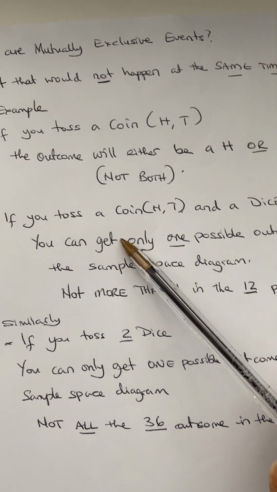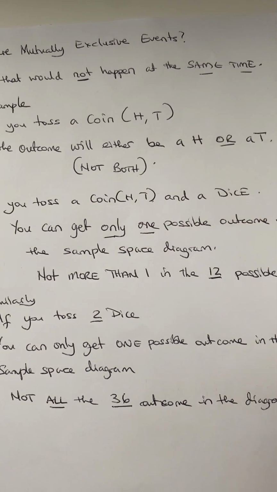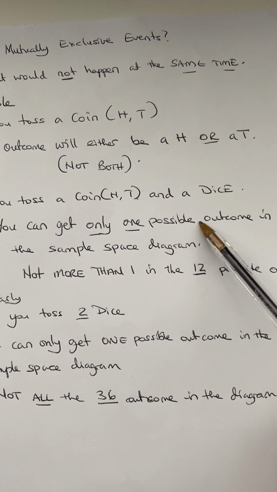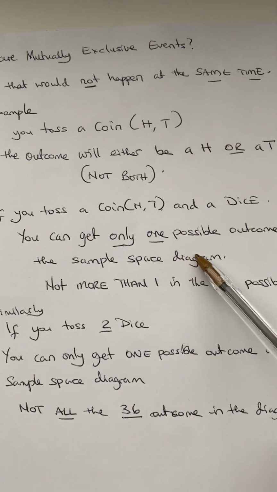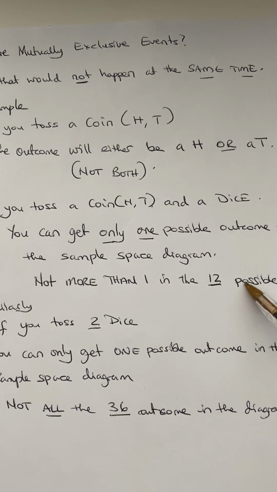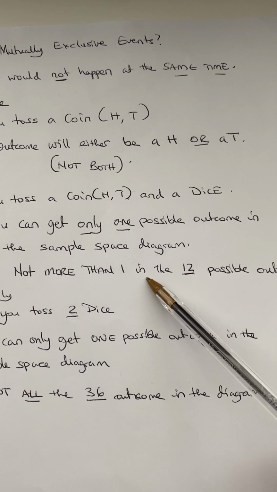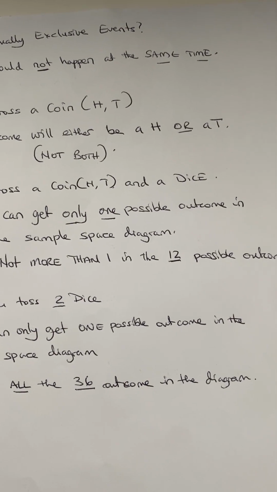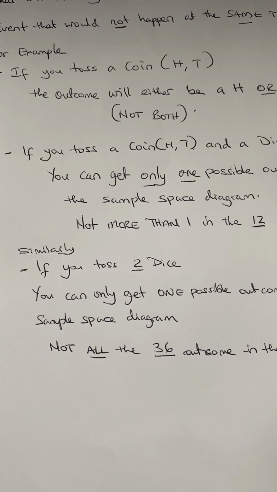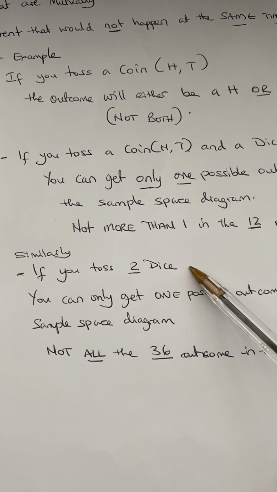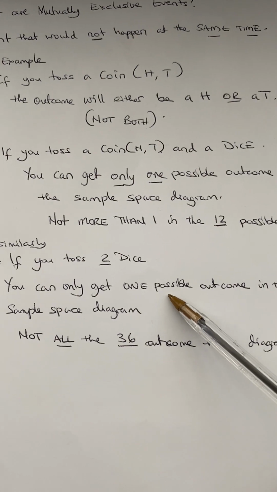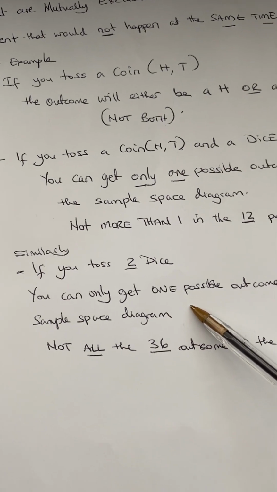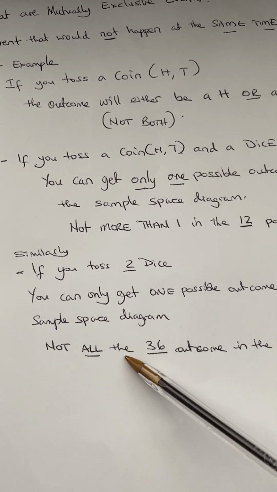Okay, if you toss a coin and a die, as you have seen in the sample space diagram, you can only get one possible outcome at a time, no more than one. So you can get one outcome out of the 12 possible outcomes. Similarly, if you toss two dice, you can only get one possible outcome out of the whole of the 36 outcomes that we've done in our table.